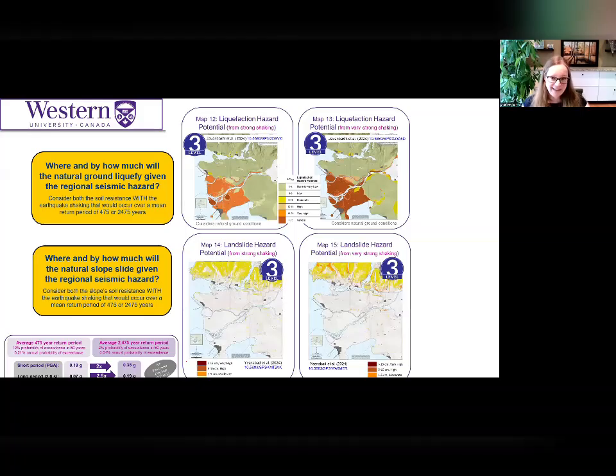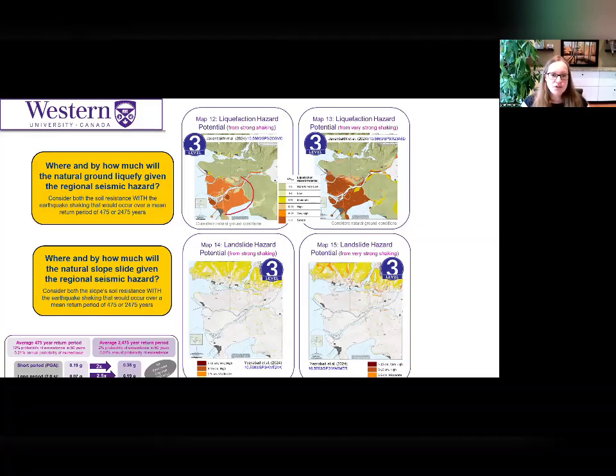So once we do that, we have the answer for the two chosen shaking intensities that we can make these maps for. We could make the maps for any shaking intensity level because we created the hazard curve, but for the purposes of the map project, we just generated maps for these two chosen shaking intensity levels.